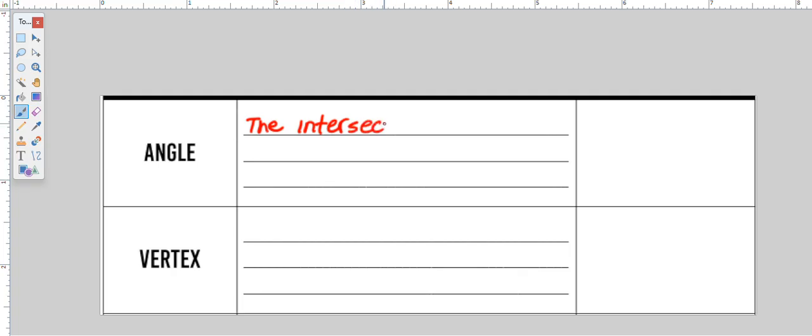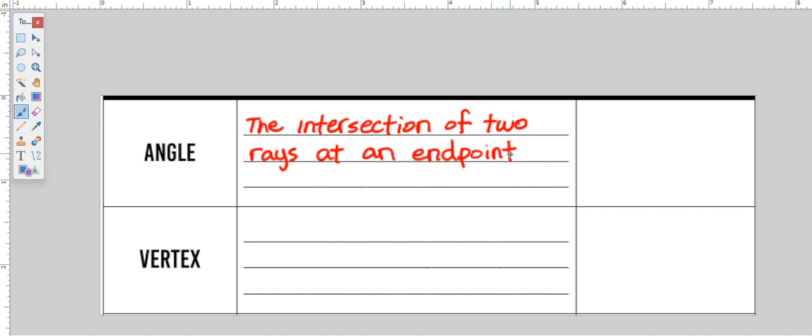The intersection of two rays at an endpoint.